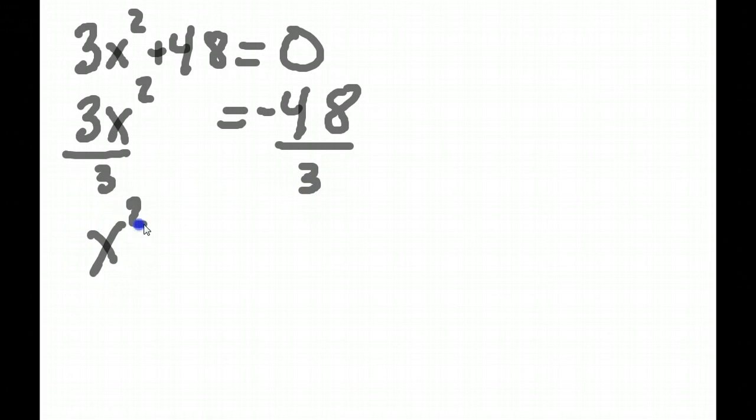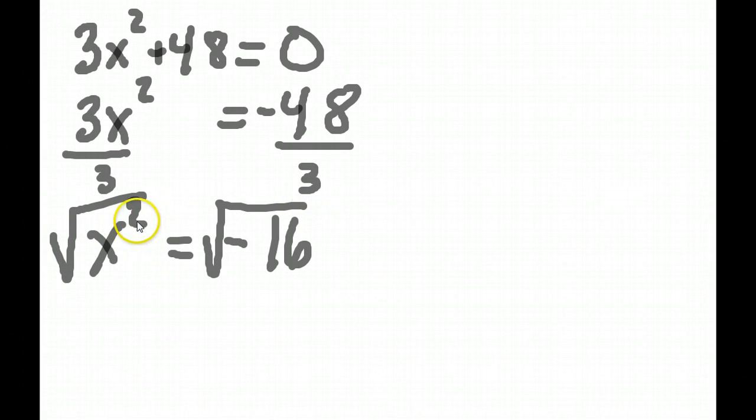On the left we have x squared equals negative 16. Okay, and to get that x by itself, we have to take the square root of each side, because right now it stands as x squared. Square root of x squared is x, equals square root of negative 16. We know it's a plus or minus. We're talking principal root here. So looking at this negative 16, we need to break this out again.